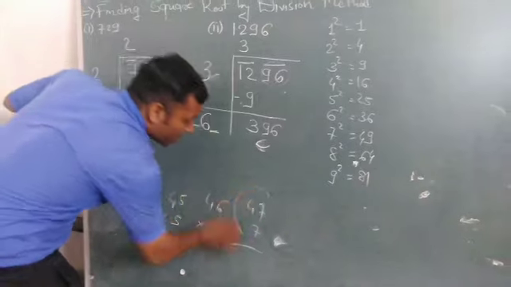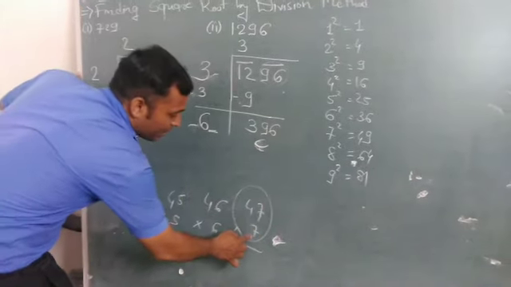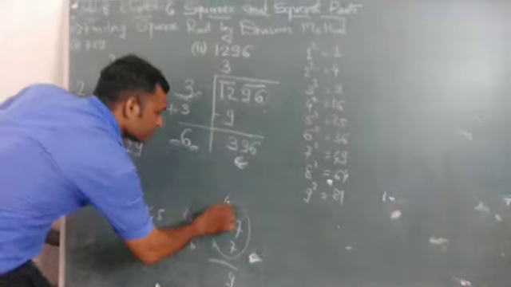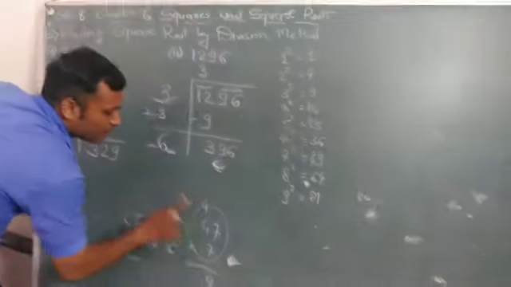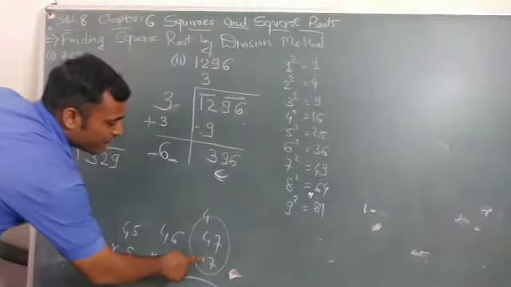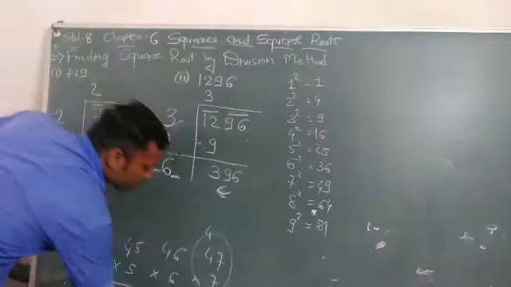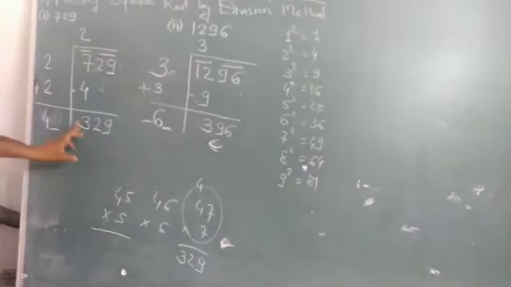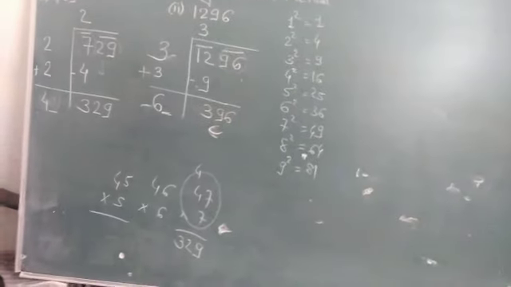But when you multiply 47 by 7, 7 7s are 49. 7 4s are 28. 28 plus 4 is 32. Now you get 329.